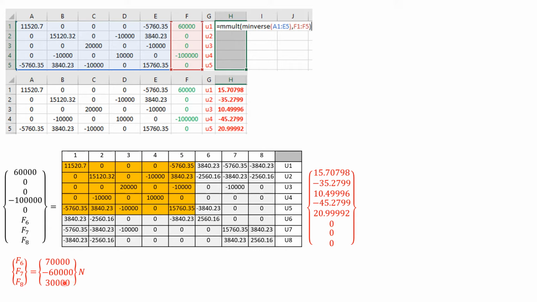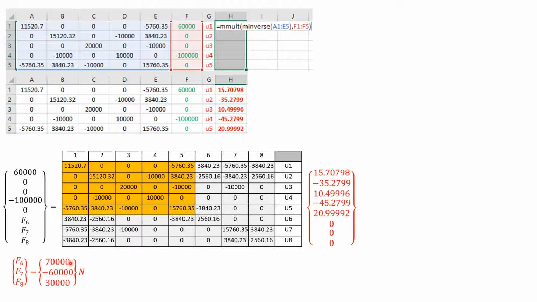So that's negative 60,000. Then F8: negative 3840.23 times 15.70798 plus negative 2560.16 times negative 35.2799, and the rest is 0. So you'll get 30,000.